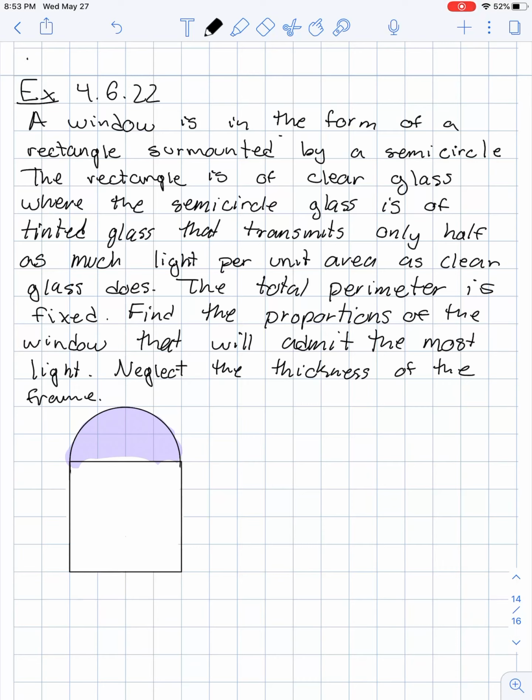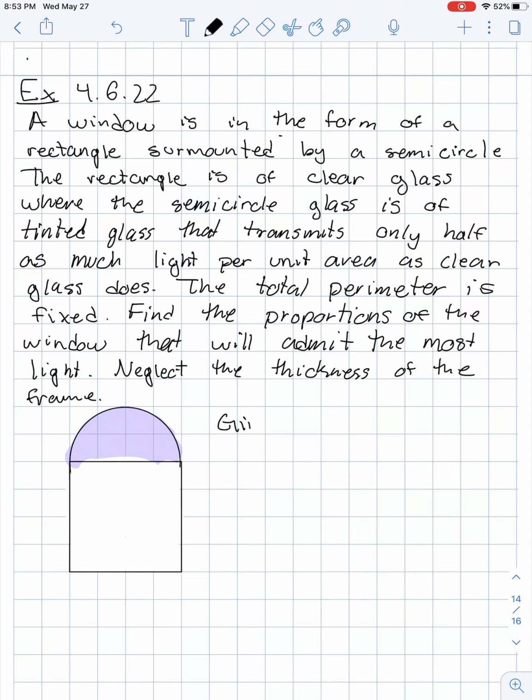Tinted glass that transmits only half as much light per unit area as the clear glass does. So the total perimeter is fixed. Find the proportions of the window that will admit the most light and neglect the thickness of the frame.